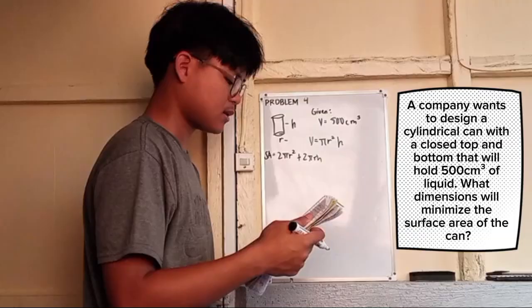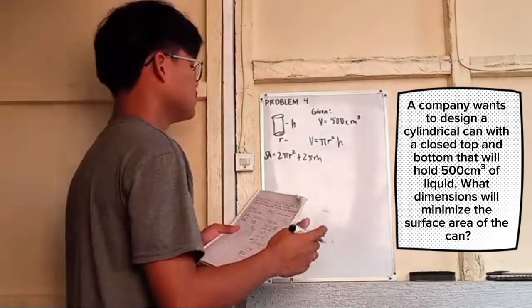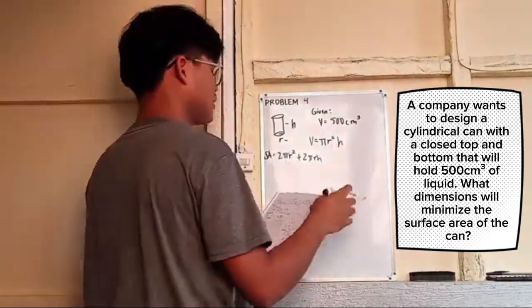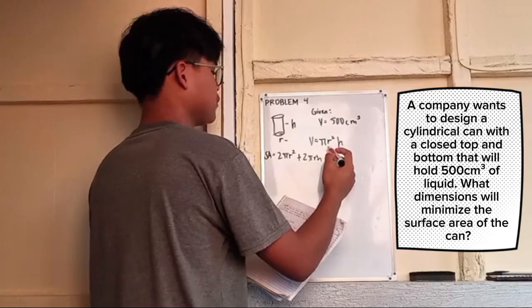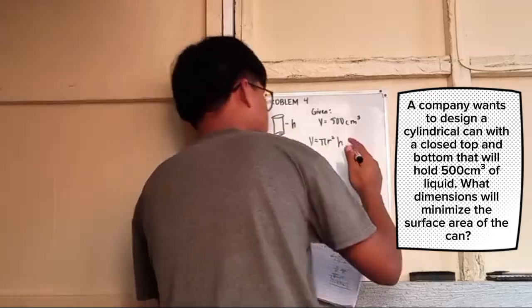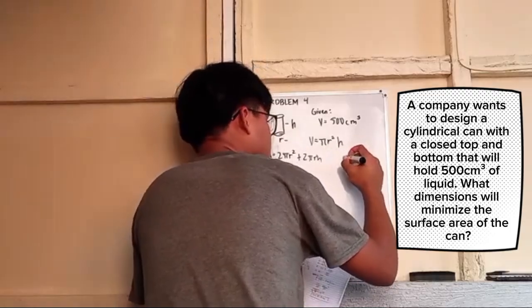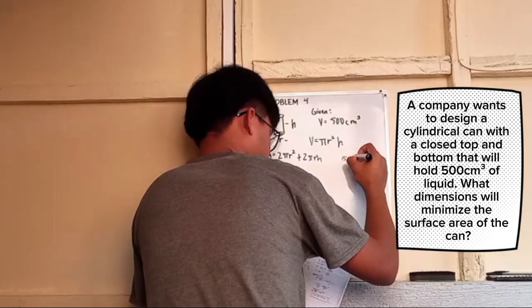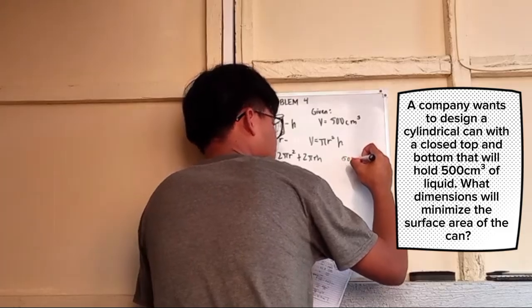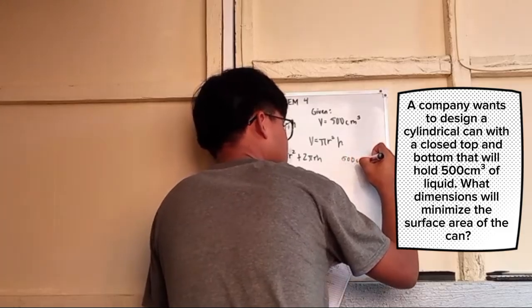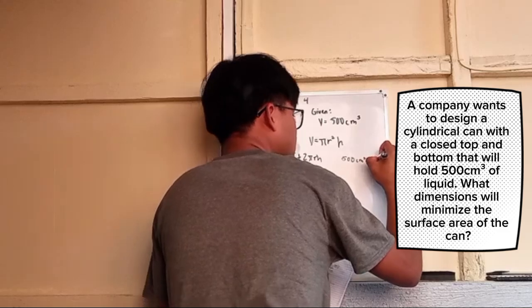So first, we will express the h in the formula of the volume. So we will equate this as 500 cm³ is equal to pi r squared h.